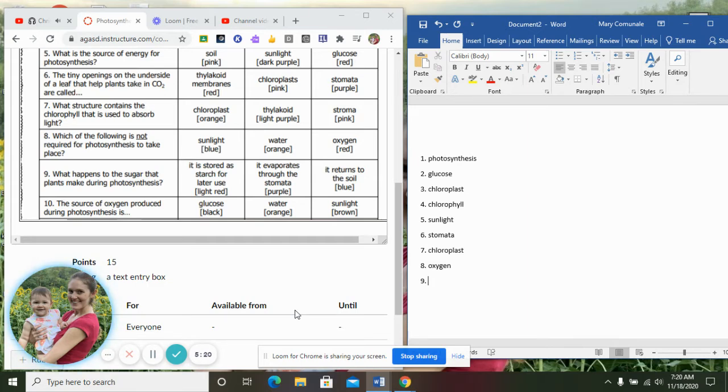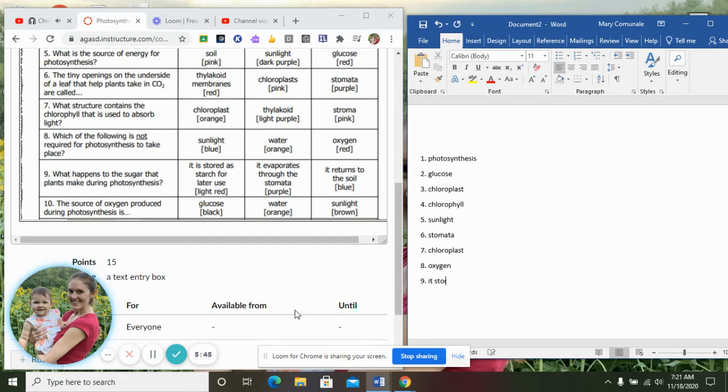What happens to the sugar that plants make during photosynthesis? It is stored as a starch for later use, it evaporates through the stomata, or it returns to the soil. Well, it wouldn't make sense for it to evaporate. Glucose can't evaporate. That would be water. Plant isn't going to give it back to the soil. It spent all this time making those nutrients, so it's going to keep it.